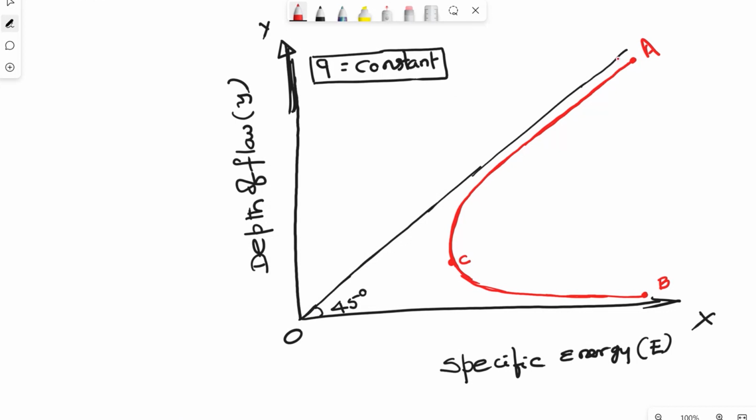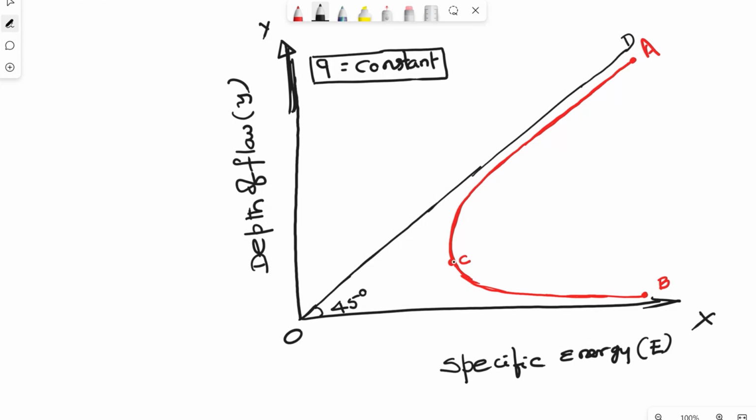This is the first sentence we should write. The specific energy curve has two limbs. The limb AC is asymptotic to the 45 degrees line. The limb CB is asymptotic to the x-axis. And this OD we call the 45 degrees line.